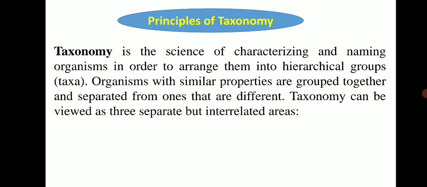Organisms that show similar properties are grouped together, and those that are not similar are placed in different categories. Taxonomy can be viewed as three separate but interrelated areas.